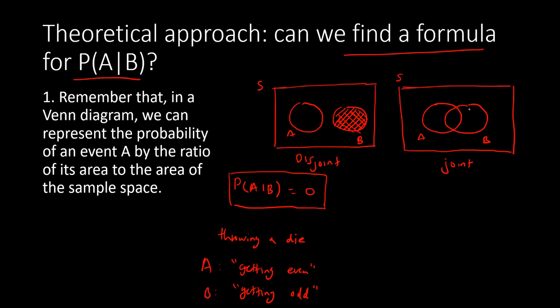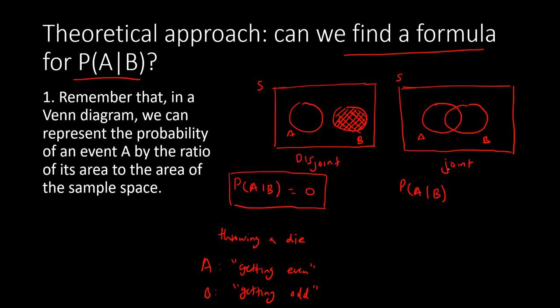This is the good one, the interesting one. So in here, when I have joint events, what's going to be the probability of A given that we know that the event B has happened? Okay, listen very carefully. I already know that the event B has happened.